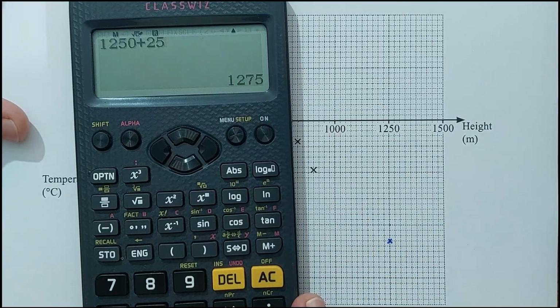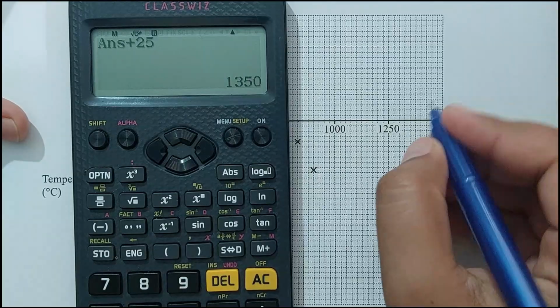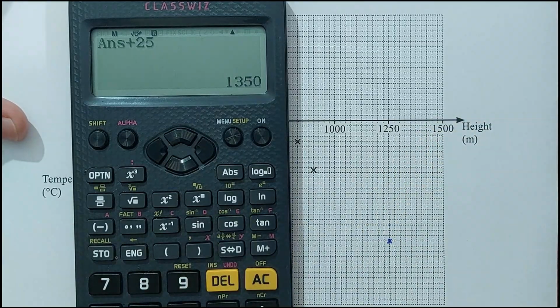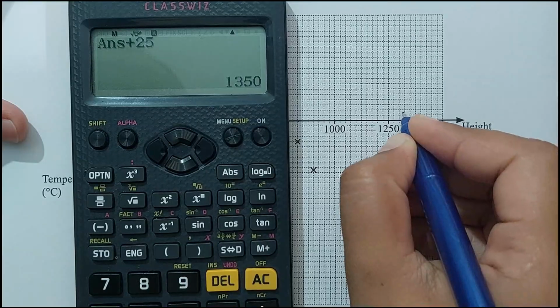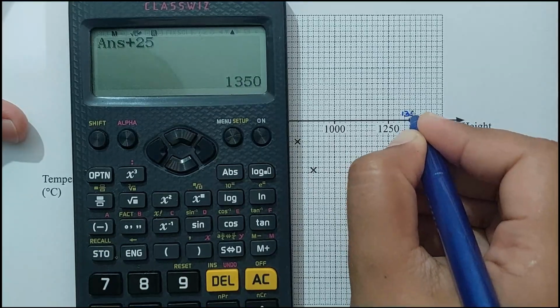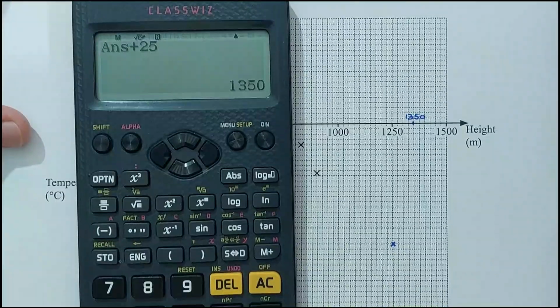Adding 25 each time, the fourth one is 1350, but we have to work for 1450.